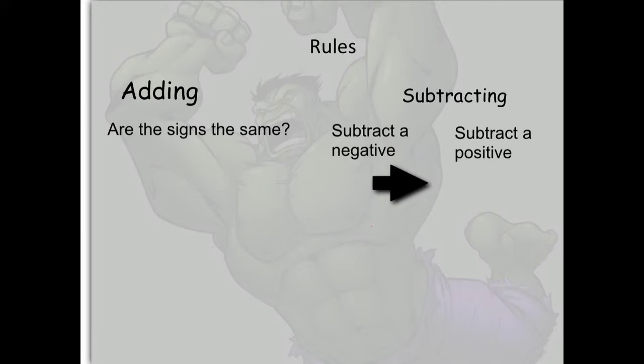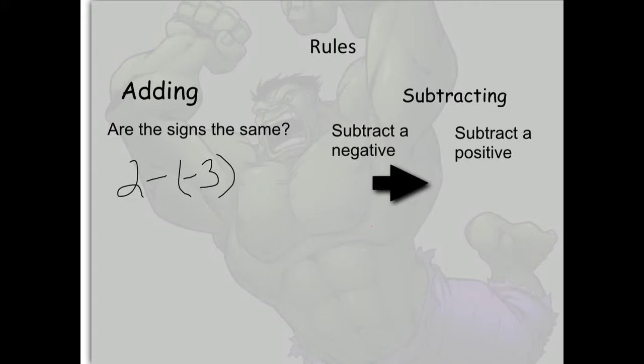Now, the rules for subtracting are a little different. The key is there are only 2 situations we can have. We're either subtracting a negative or subtracting a positive, and again, we're still talking about just 2 numbers at a time. For example, if we have 2 minus -3, can you see how there's a minus here and a minus here? There's minus a negative. That's subtracting a negative.